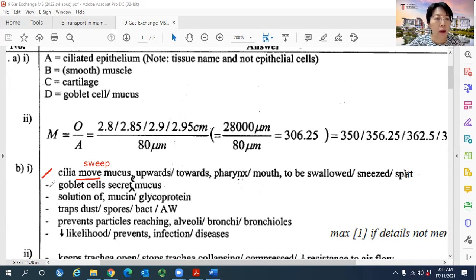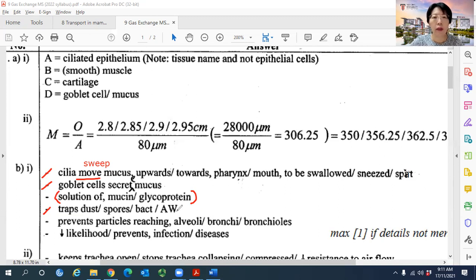Okay. And then next we have got goblet cells. The function is to secrete mucus. Of course, you will not write that mucus is a solution of mucin droplets or glycoproteins. The function of the mucus is to trap dust or spores or bacteria or any other word with the same effect.